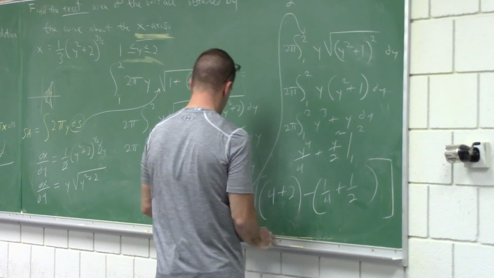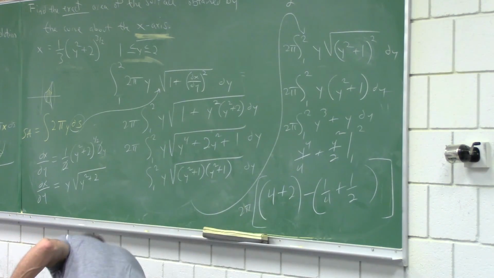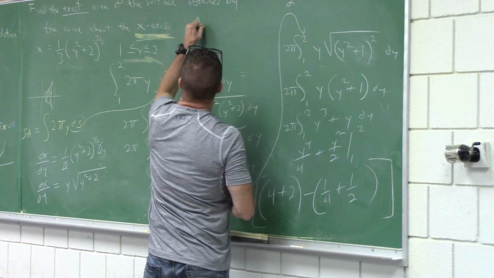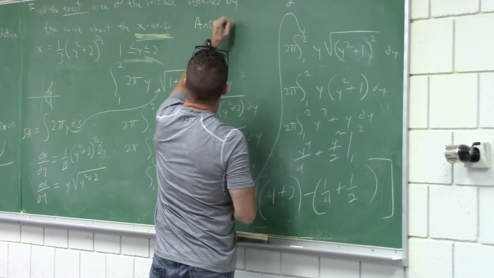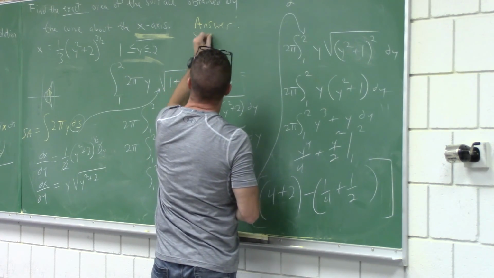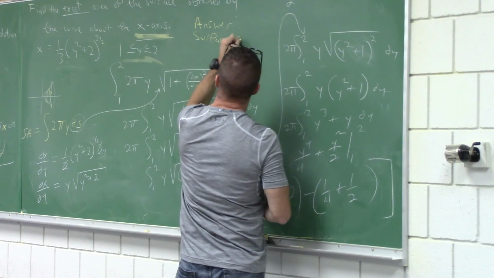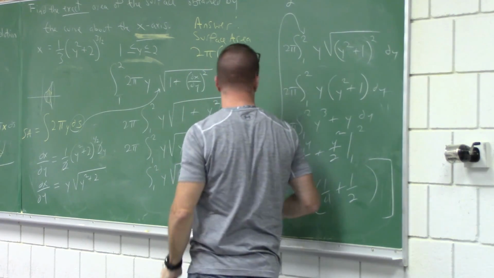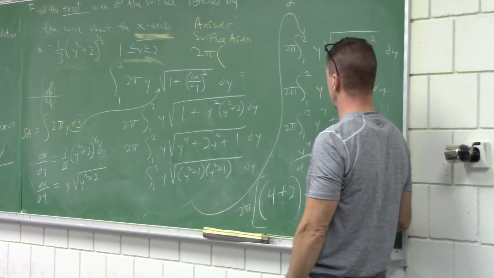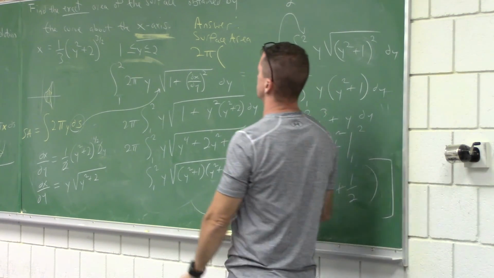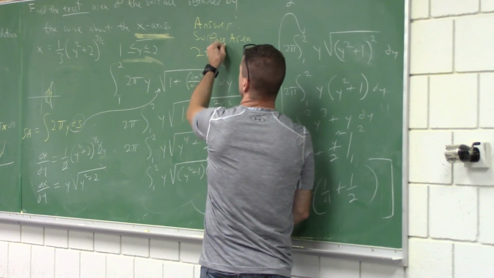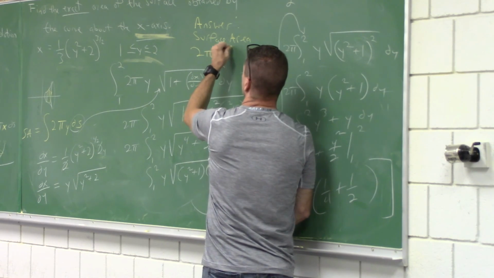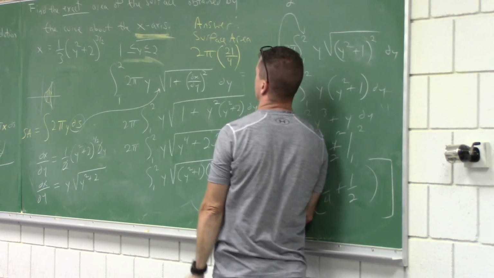My answer is 2 pi, surface area. 2 pi multiplied by 5 and a fourth, which is 21 over 4 as a fraction.